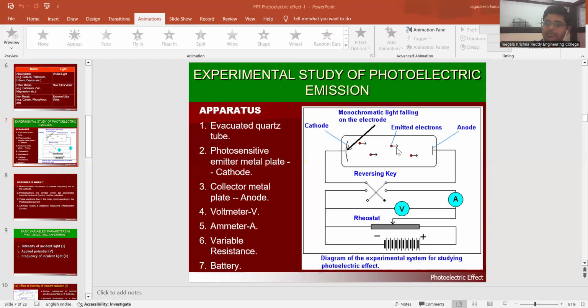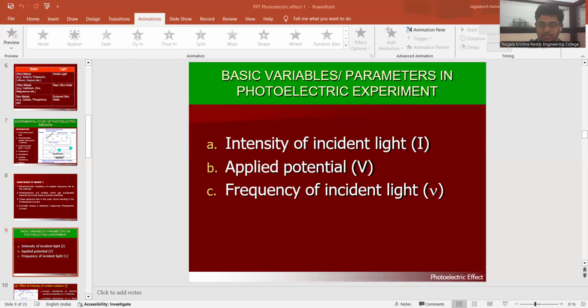When we apply a potential difference between plate A and plate B and increase the positive potential of plate B, the current in the circuit increases. The electrons emitted from the metal, how many are emitted and what kinetic energy they have, depend on four characteristics.